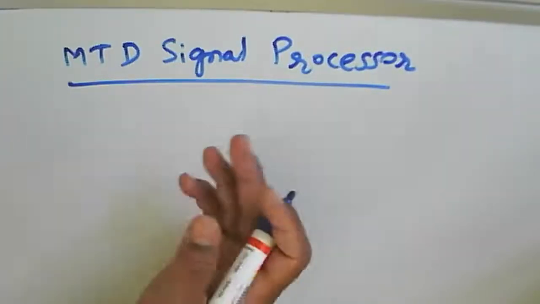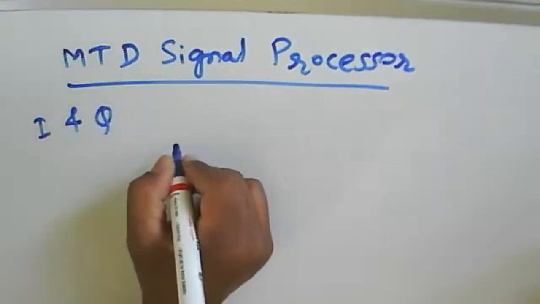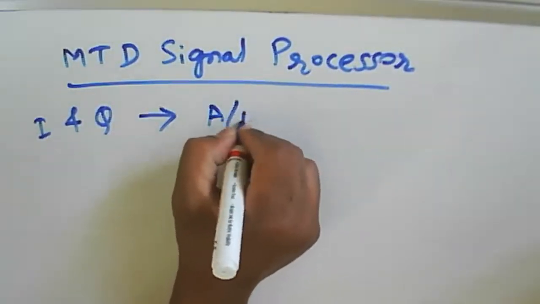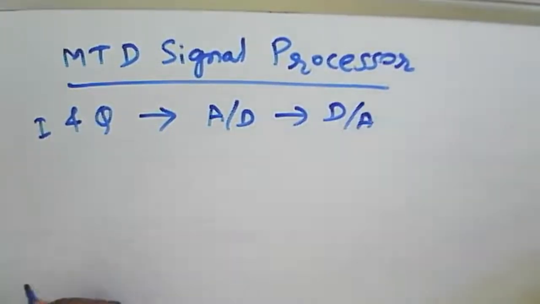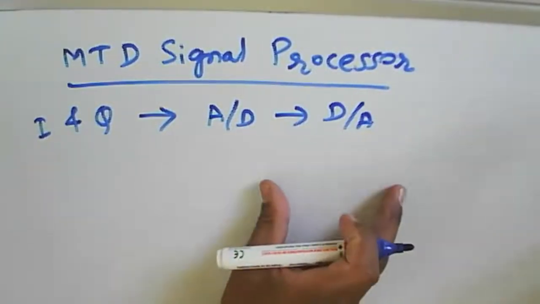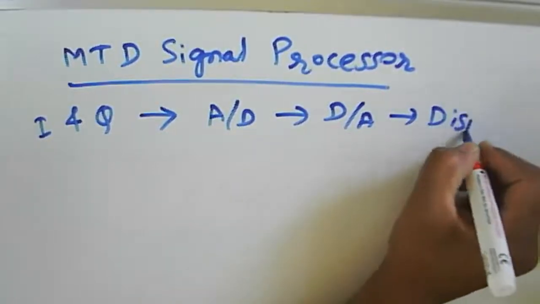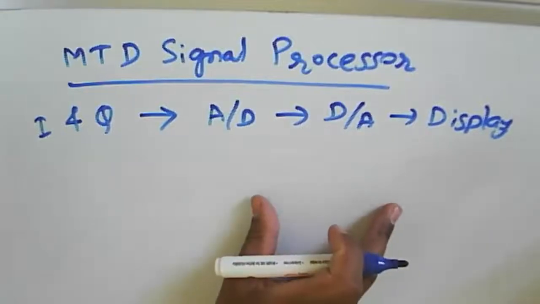So we have considered the I and Q signal. Initially that I and Q signal we converted into A to D, and after that we converted digital to analog. And that digital to analog converter output is then used for the display.